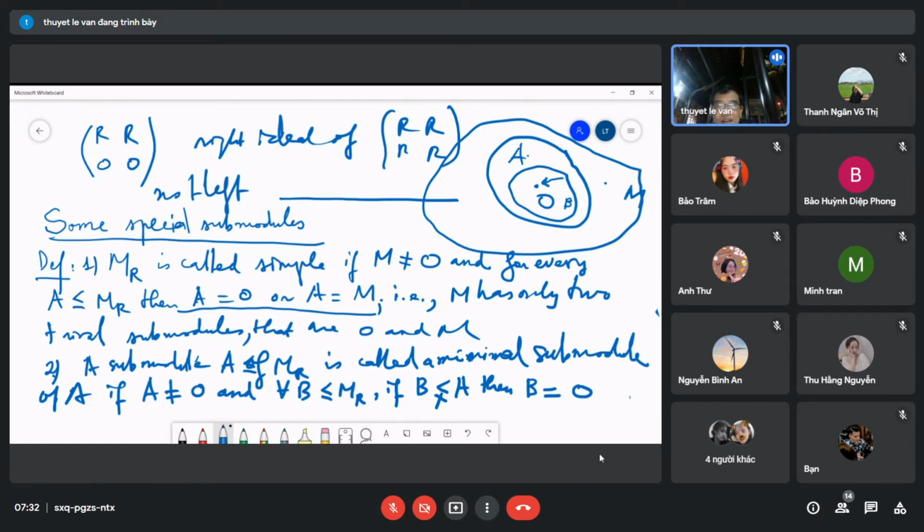So you can see the definition is the same. However, simple is a name for a module, but minimal is a name for a submodule. So minimal is the name for the submodule, and simple is the name for M_R. But in fact, there are many things that are the same.